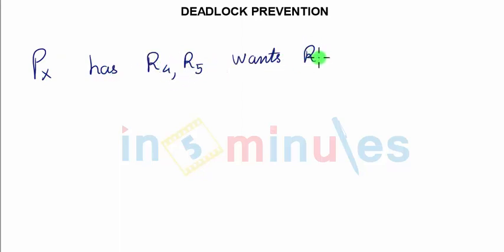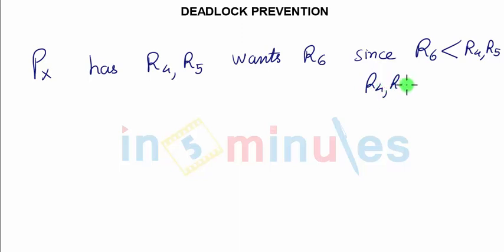Process X has resource 4, resource 5, wants resource 6. Since R4 and R5 are lesser than R6, or as we put it, resource ID 4 and resource ID 5 have a greater resource which is R6, this is allowed.